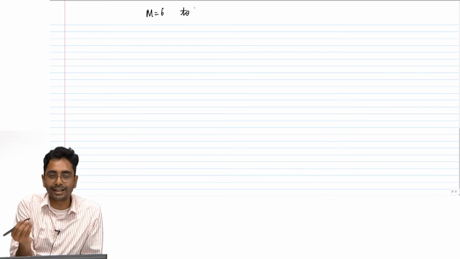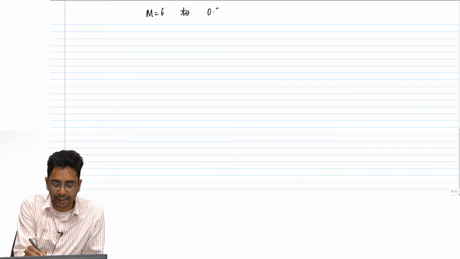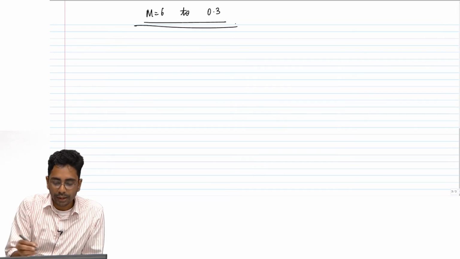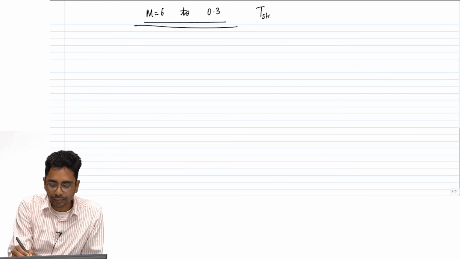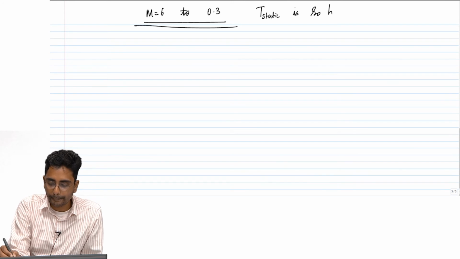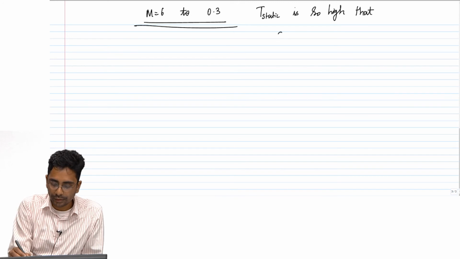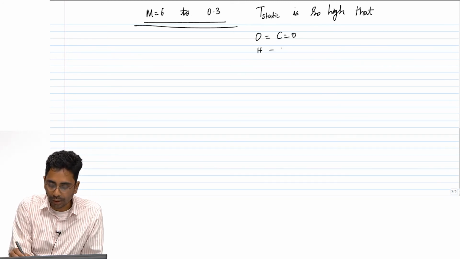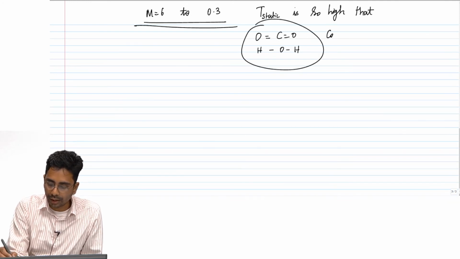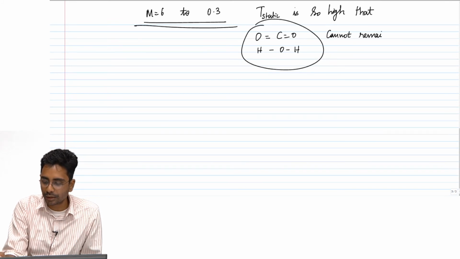I am sorry, you decelerated a stream from Mach 6 to Mach 0.3. The T static is so high that C=O=O and H-O-H cannot remain in this form.